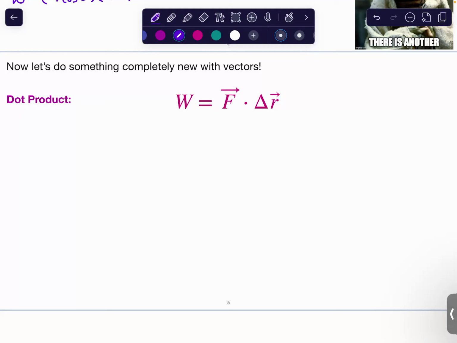So, two ways you can look at this. Let's say I have A dot B. The first way you do this: Ax times Bx plus Ay times By. We're going to multiply the components and add them together.